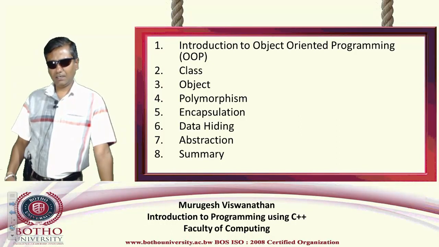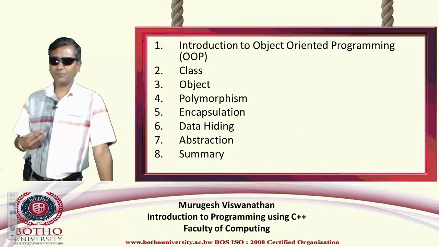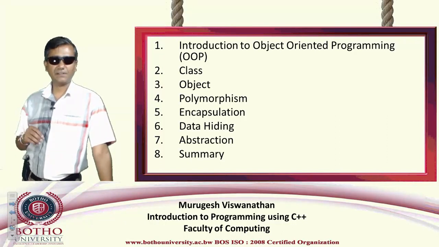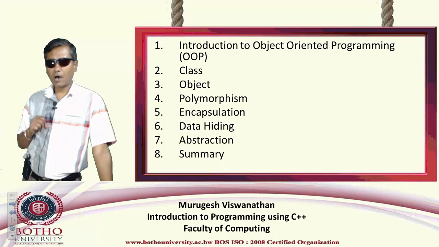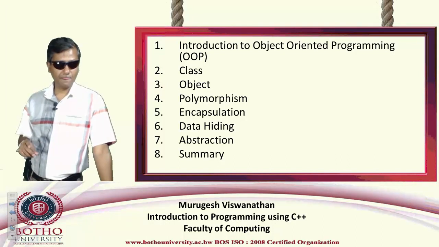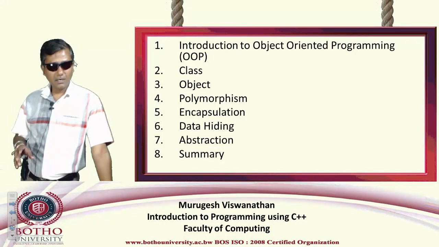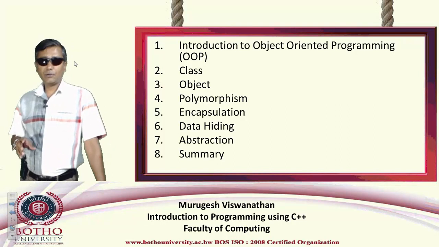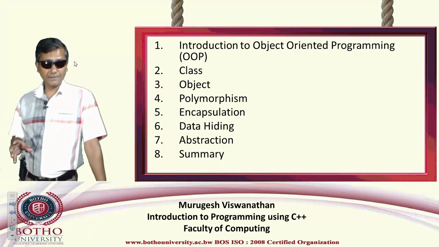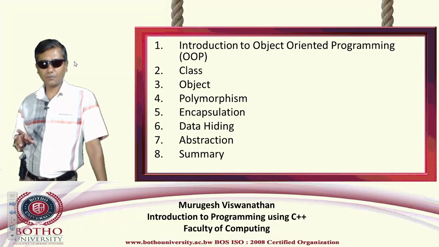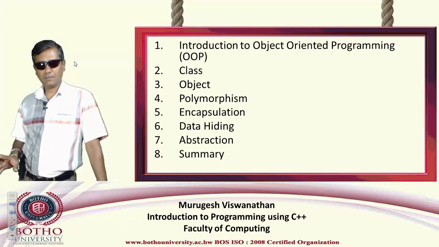That is my own definition, and if you refer to your books, you might get plenty of definitions for the same class. All are valid. Without a class you cannot create an object. You should agree with that. So whenever you want to do object-oriented programming, first create a class.